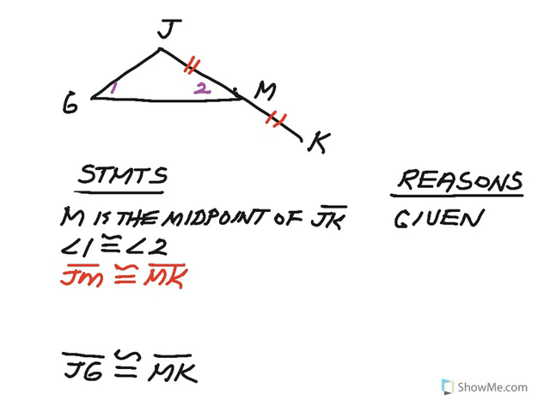Now, what I'm asked to prove is that JG is congruent to MK. I've already got JM congruent to MK, so if I can link JG and JM, then I'm in luck. The reason that JM and MK were congruent is the midpoint definition.